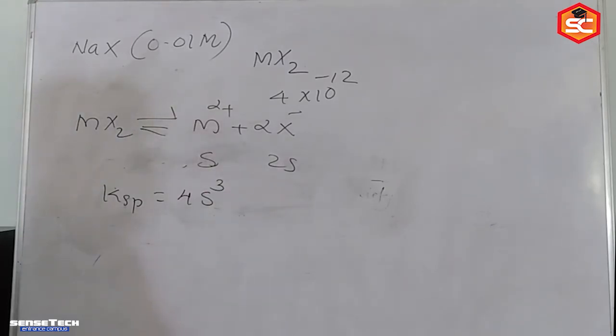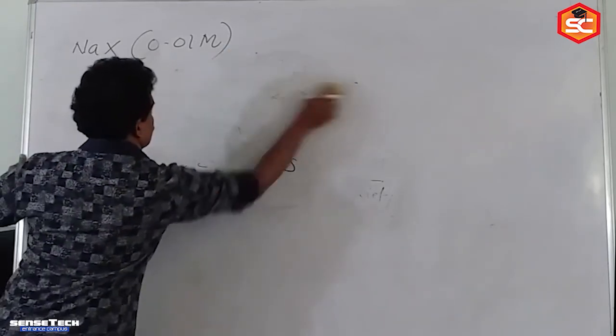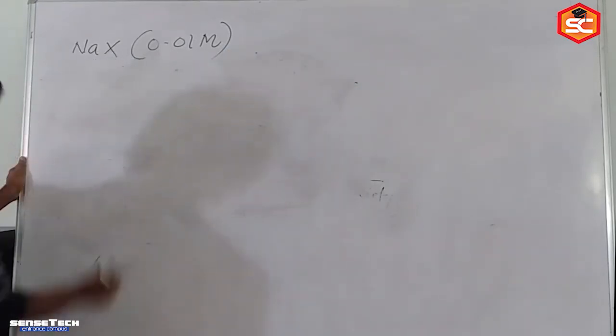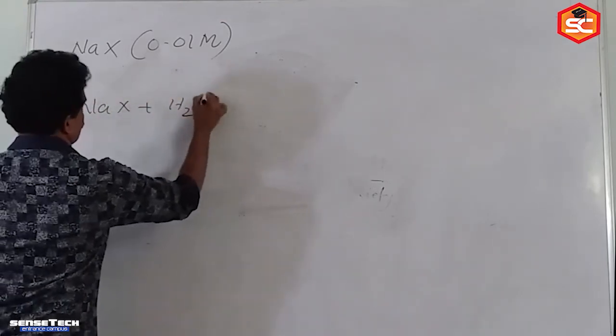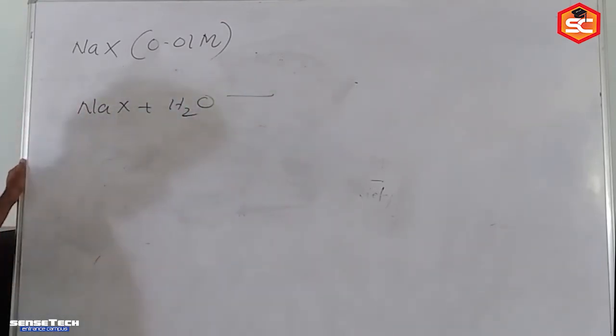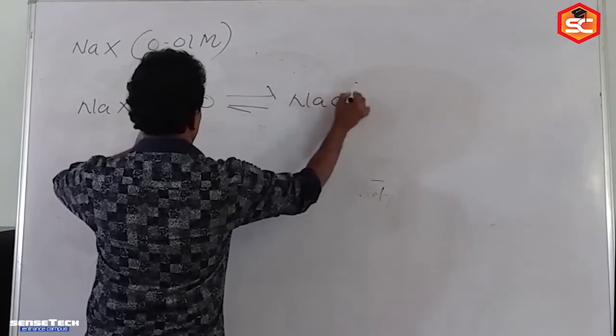The degree of hydrolysis of NaX is... So which one is hydrolyzing here? NaX on hydrolysis, they are asking the degree of hydrolysis. NaOH plus HX, H plus ion, OH minus ion.